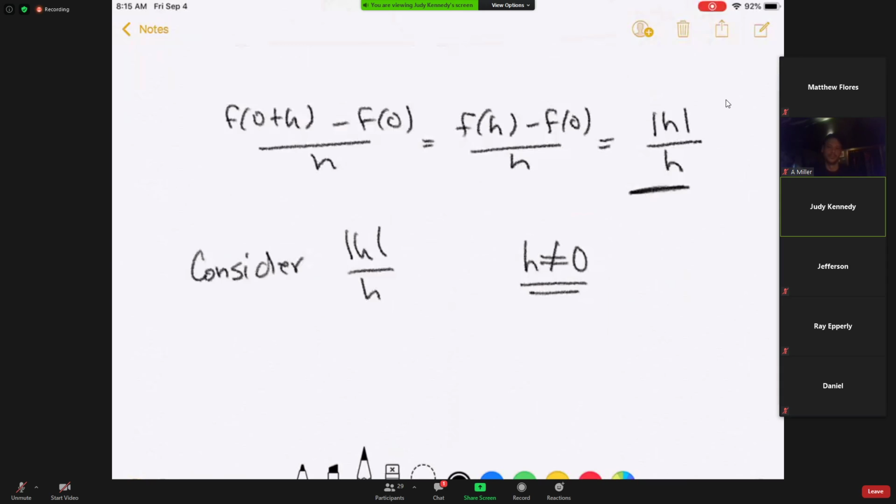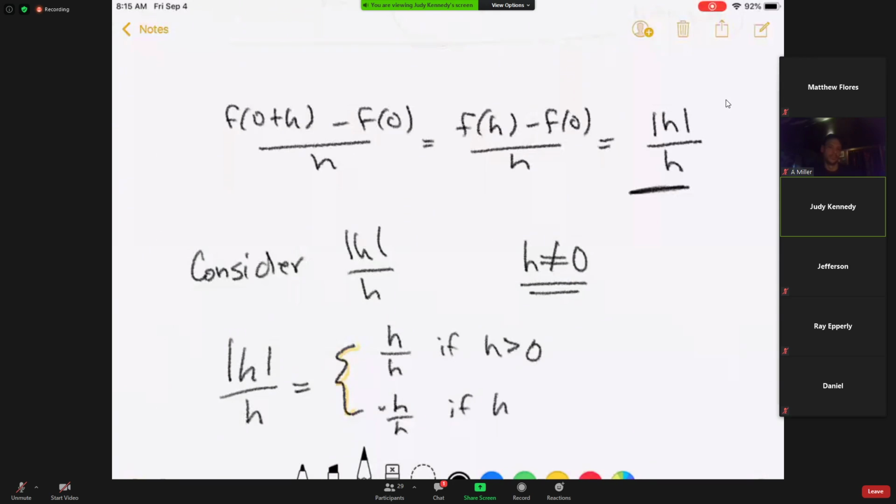But the absolute value of h over h, for a real number h that's not equal to 0, is h over h if h is greater than 0, and it's minus h over h if h is less than 0.